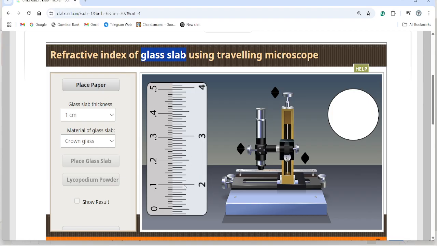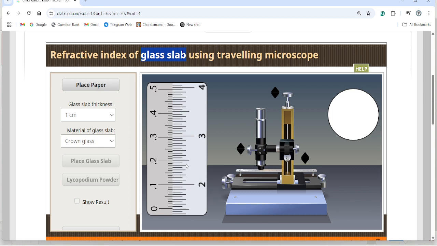This is the distribution of the main scale. This is the main scale and this is called the vernier scale. What is the vernier scale? Every one division in the main scale is divided into 50 parts. Just above the line of 2 is 2.05, and just below the line of 2 is 1.95.